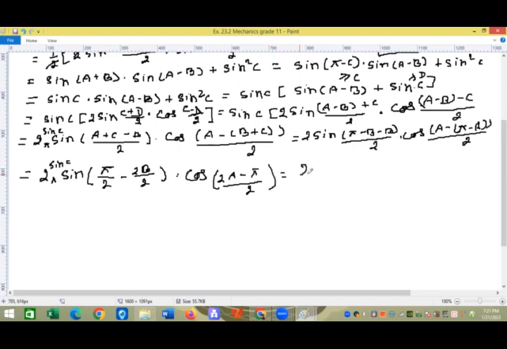In the further step it is 2 sine C, and then it is sine pi by 2 minus B, and the 2 in the numerator and denominator got cancelled out, so it is only B. And then we have cos.